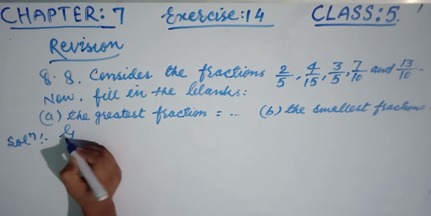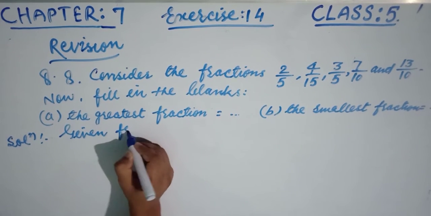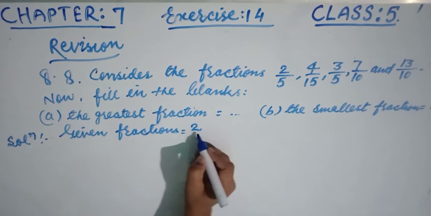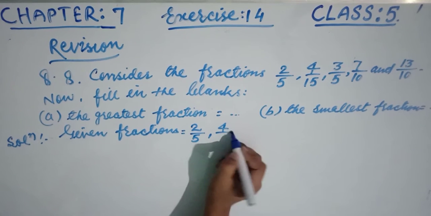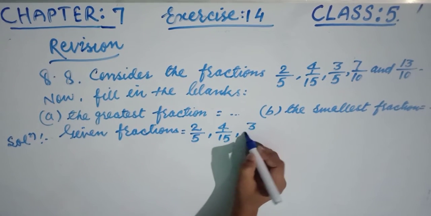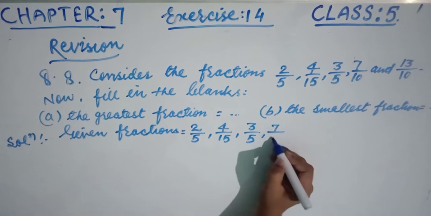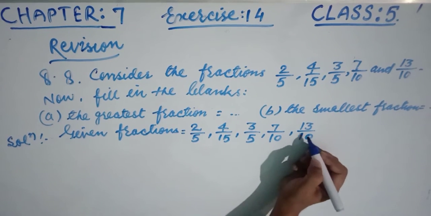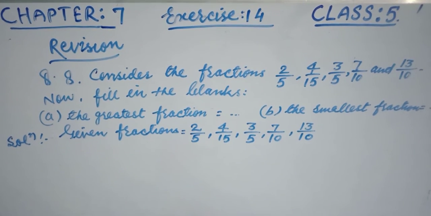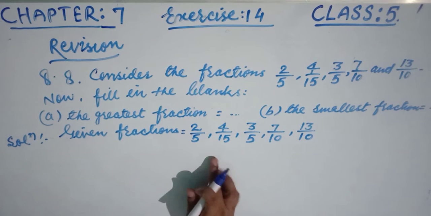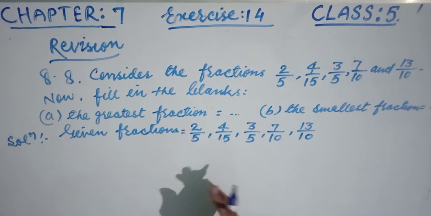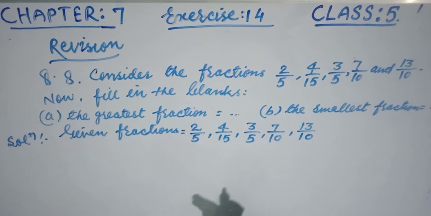The given fractions are 2 by 5, 4 by 15, 3 by 5, 7 by 10, 13 by 10. Okay friends, it is a very difficult task to find which among these fractions is the greatest and which is the smallest.